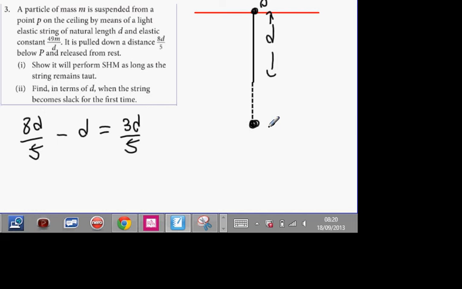If this is defined as d, we might define the full thing as LE, the length at the equilibrium position. So let's find out what the force is: force up versus force down. At EP, force up equals force down.